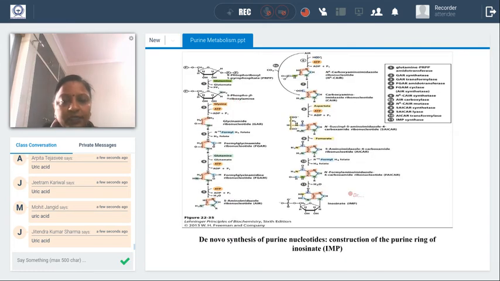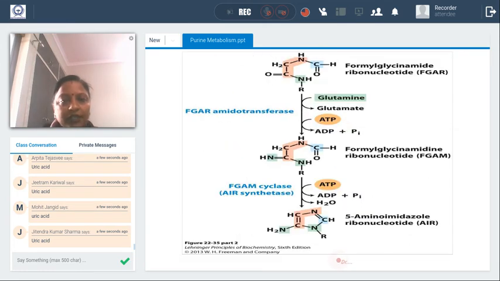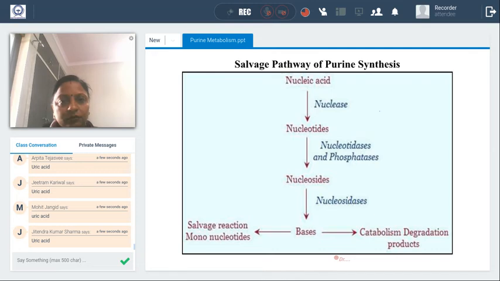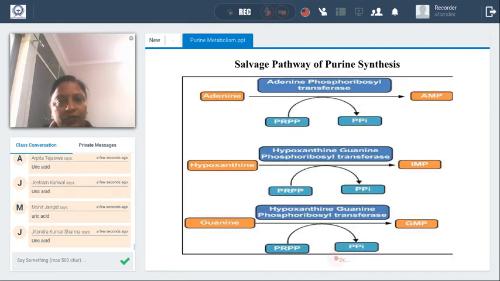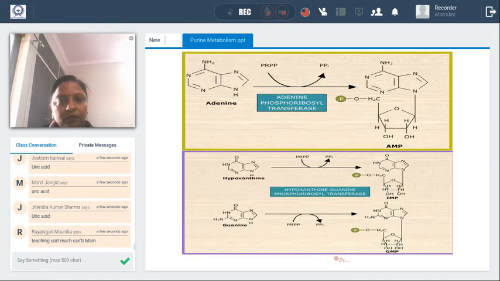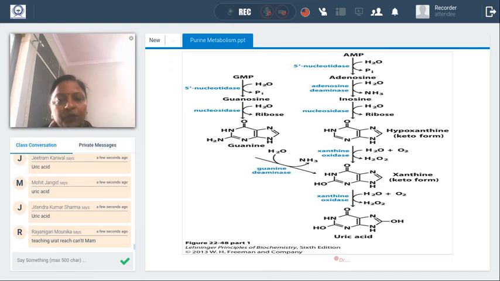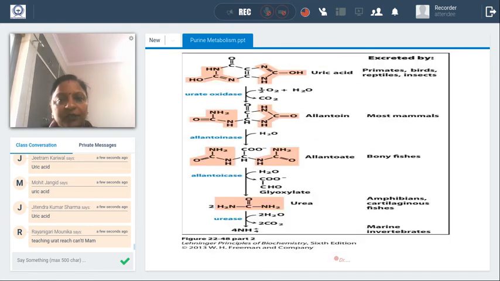And then the salvage pathway: nucleic acid, nucleotides, nucleoside, bases, and again we get mononucleotides. Ribonucleotides are converted to deoxyribonucleotides in the presence of ribonucleotide reductase. Then in purine catabolism, the end product is uric acid, which is mainly found in primates.